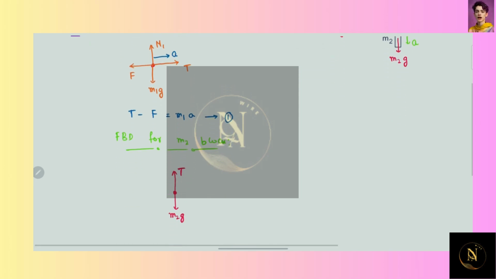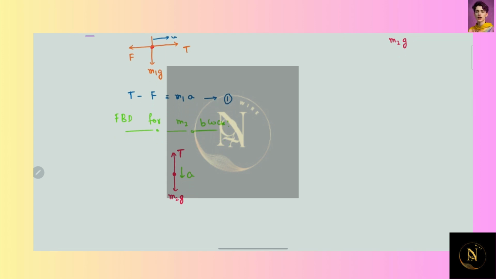So by applying Newton's second law in the vertical direction for m2 block, we can write that m2g minus T, which is the net force downward, has to be equal to m2 times a. Let's say this is my equation number 2.